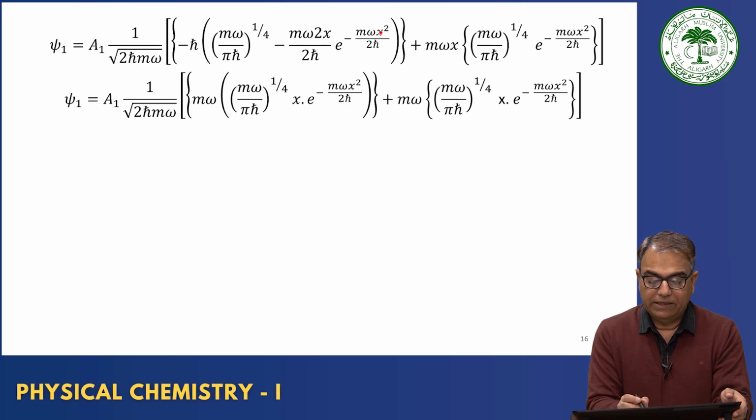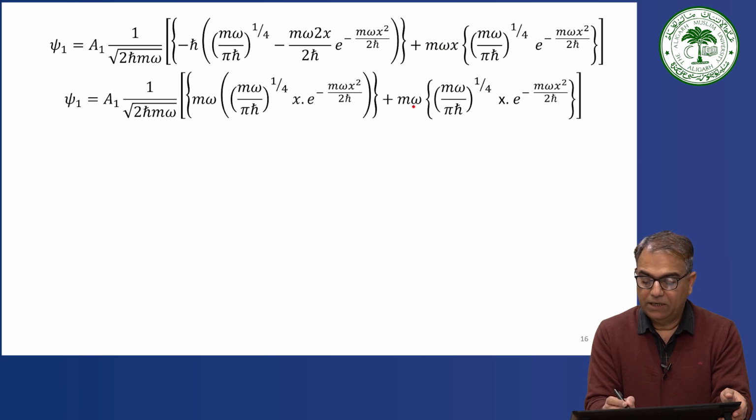You get x, which I have kept here, and the rest of the terms we have brought here, and then you can multiply m omega and x.